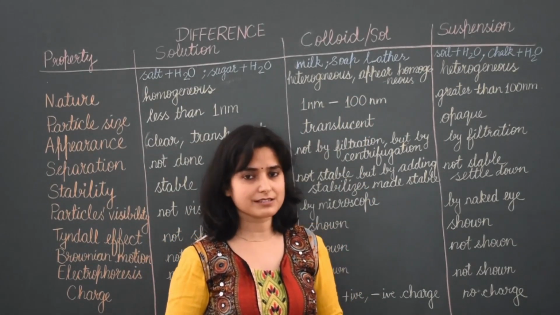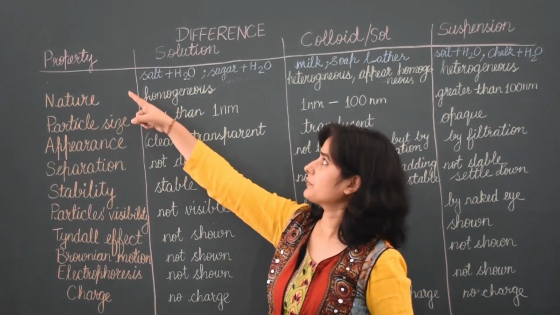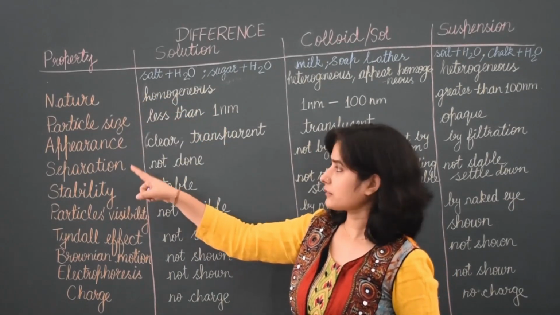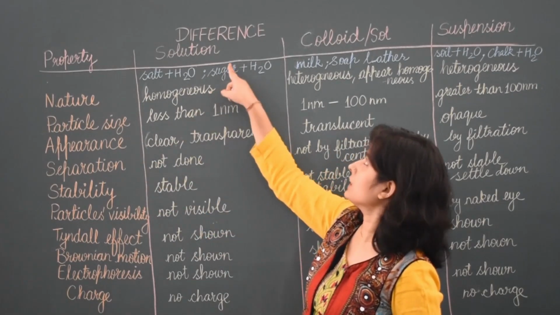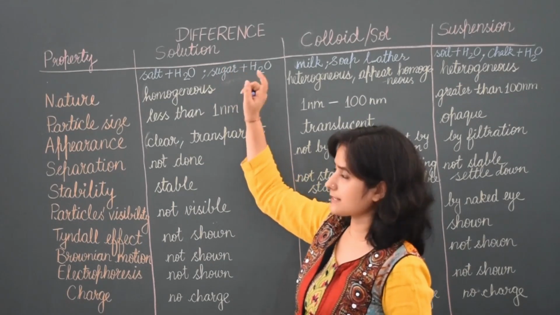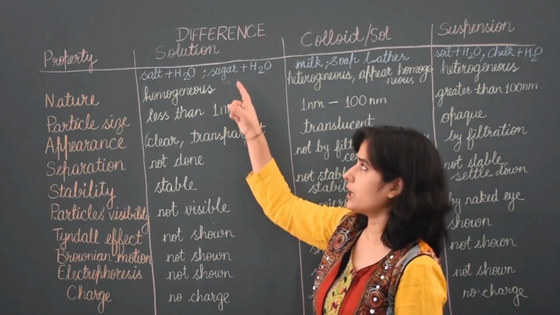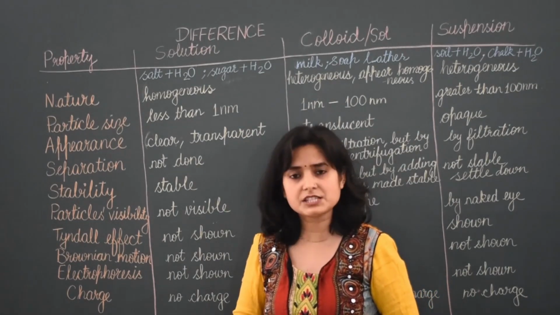First of all, I will start with solution. Here I have written the properties based on which we will differentiate solution, colloid and suspension. These are differences, and also the properties or characteristics of solution, colloid and suspension.